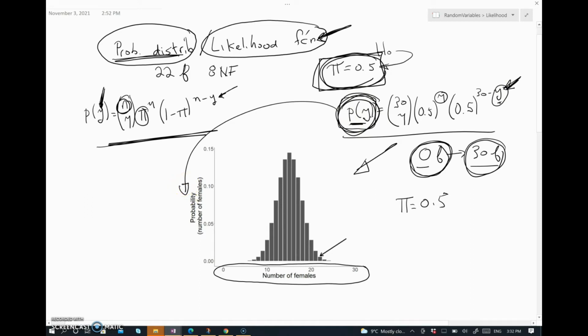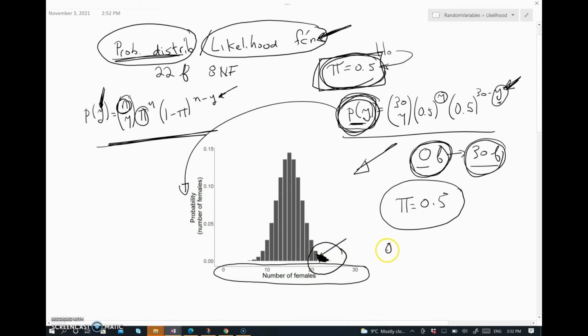So if we come back to our question, do we have gender balance? Well, here's what we observed. We observed 22. So if we ask ourselves, okay, what's the probability, if pi was really equal to 0.5, of getting something as unbalanced as we observed? What's the probability of getting something way out here in this tail?